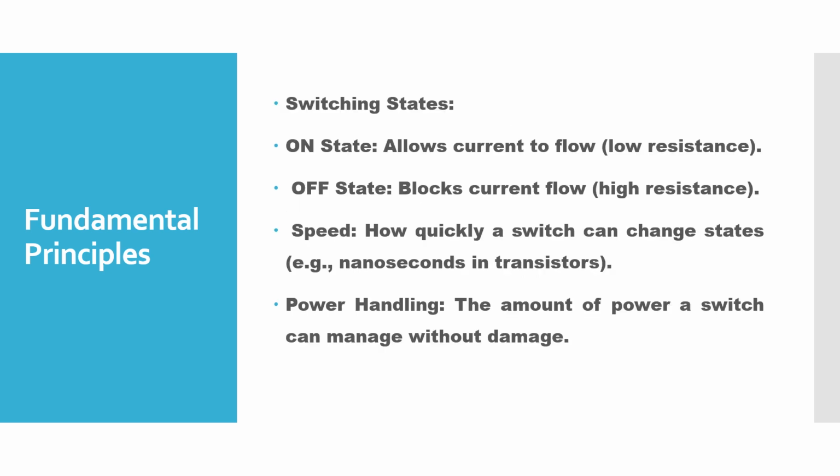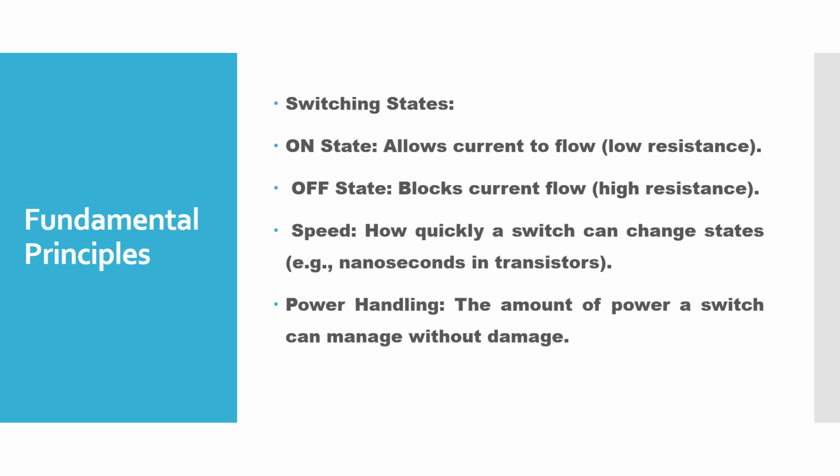Now, under these fundamentals, the on state allows current to flow, maybe with small resistance. The off state blocks the flow of current, maybe with high resistance. All these things are also switches: limiting, blocking, switching on and off. We can also use electronic switching to control speed.